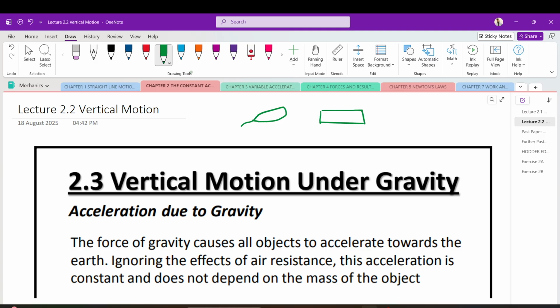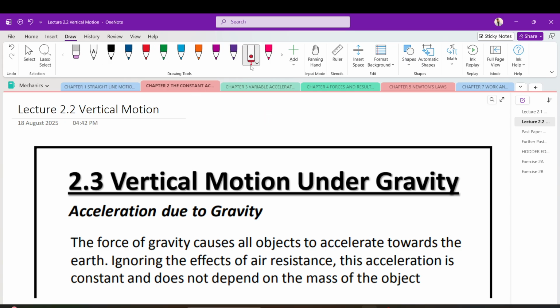If I ignore the effect of air resistance, or if I drop both of the objects at the same time in a place where there is no air resistance, then both of them are going to fall with the same acceleration. That is what we call acceleration due to gravity. And why is that? Because there is no air resistance, that allows the objects to fall with the same acceleration, which is the acceleration caused by the Earth's gravitational pull.